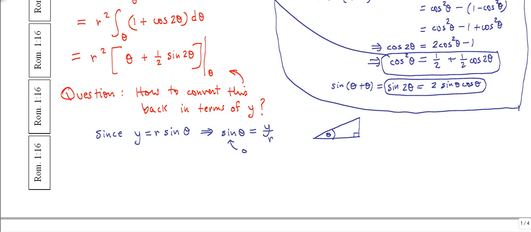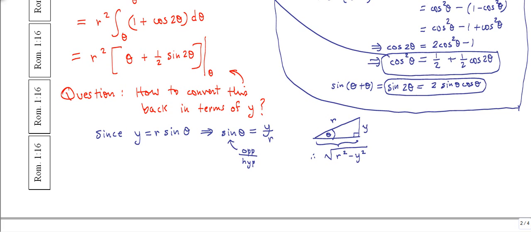Opposite the angle theta is going to be the y, and the hypotenuse is going to be the r. By the Pythagorean theorem, the third leg on that triangle is going to be the square root of r squared minus y squared. Let me put a therefore in front of that to indicate that that's what we solved for.